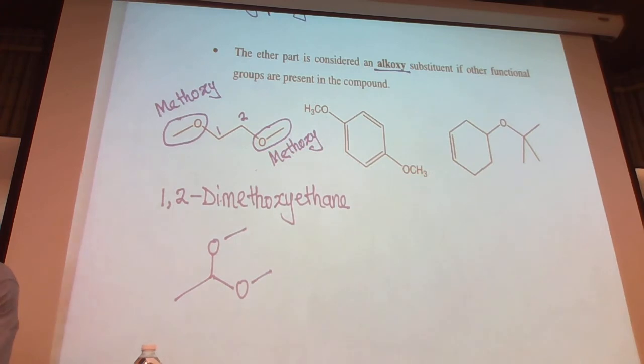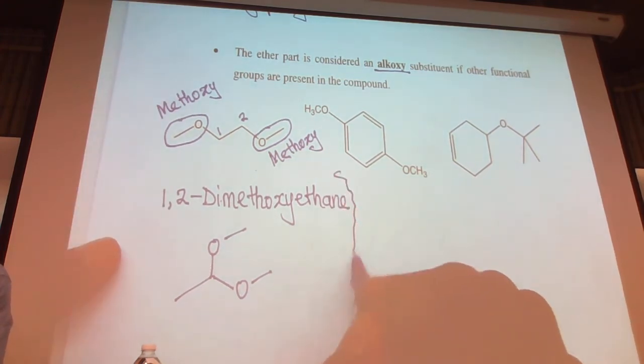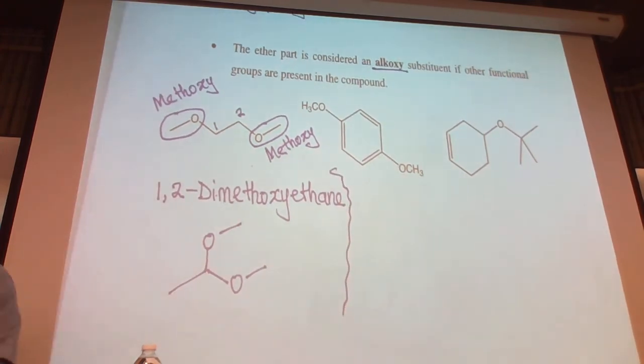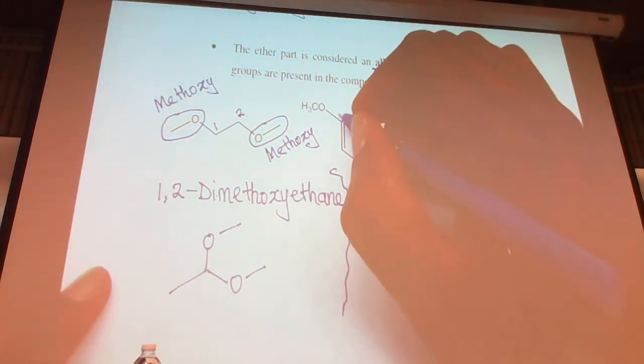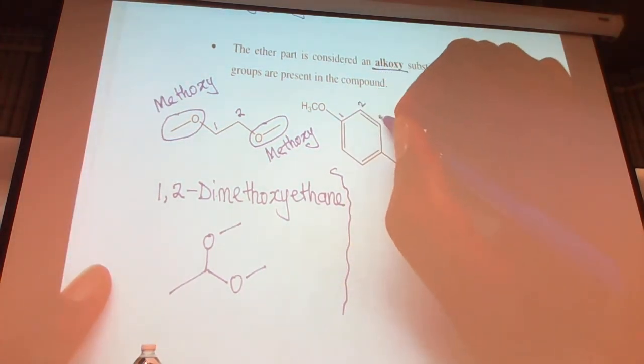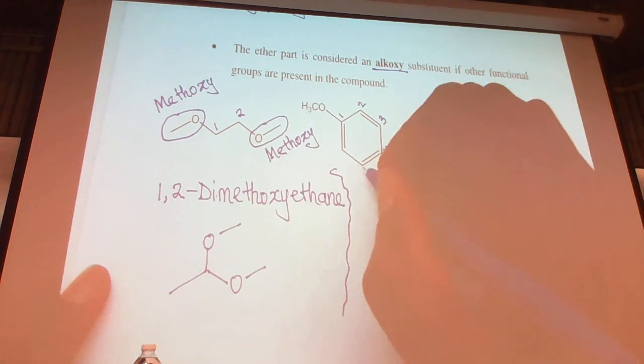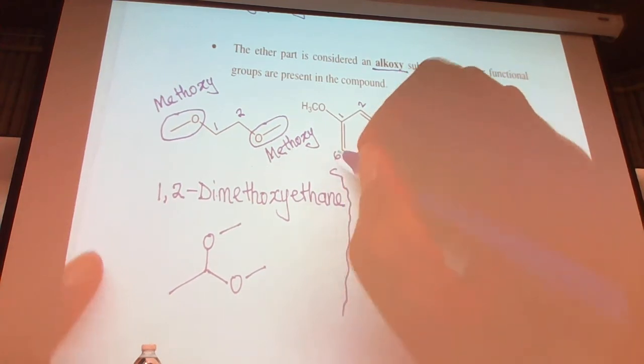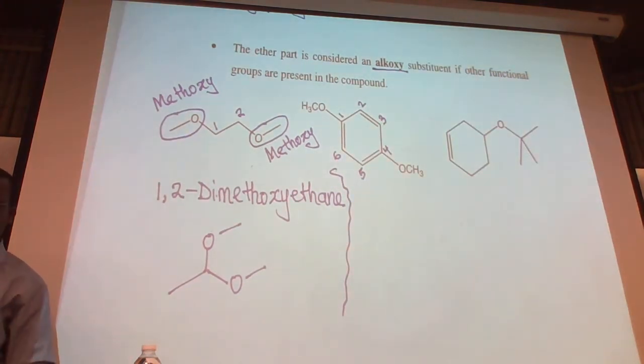Okay. So for the second example, I'm going to separate this. You have a benzene ring. So the parent name there is benzene, but the methoxy groups are at position 1 and 4.